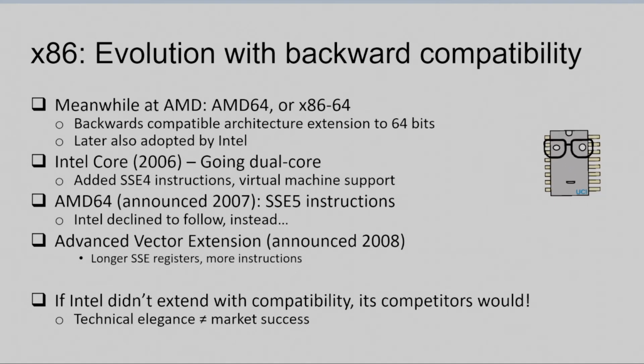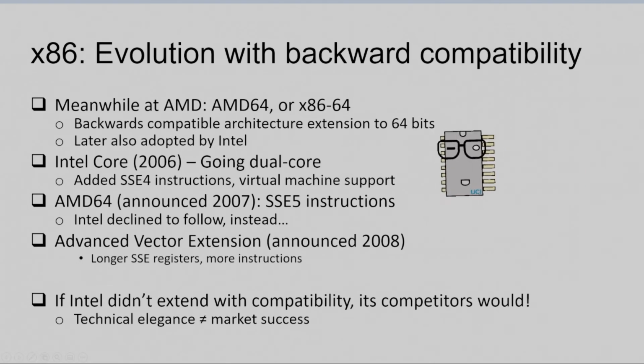And then around the year 2006, because we didn't get to go to VLIW and Dennard scaling ended, if you remember, the Intel Core architecture came out and they went dual core. Added SSE instructions, which were kind of a remnant of VLIW cores. We won't talk about that in very much detail.